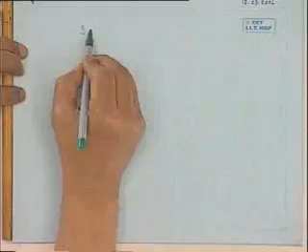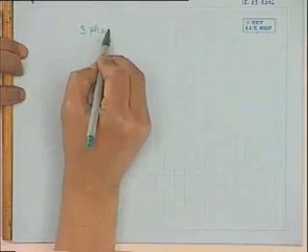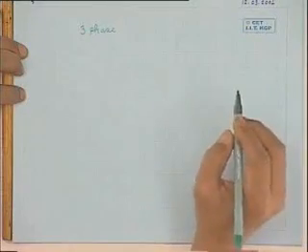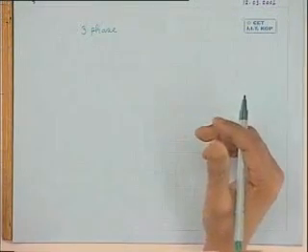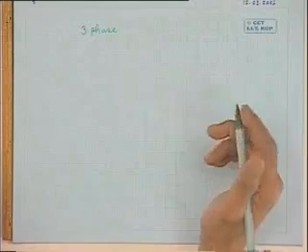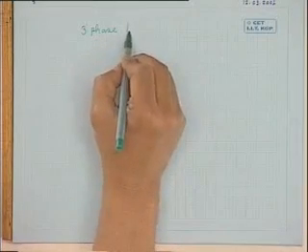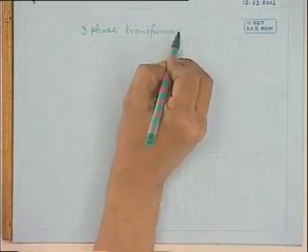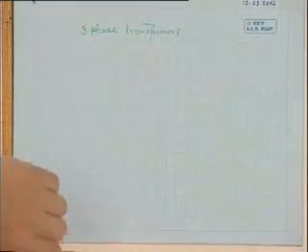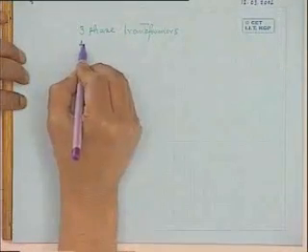Now, next point is about whether there will be any additional constraints put on three-phase transformers to be operated in parallel. So far, I have discussed about single-phase transformers to be operated in parallel. We know how to do it. Suppose three-phase transformers to be operated in parallel.